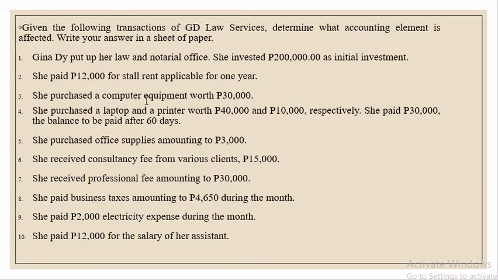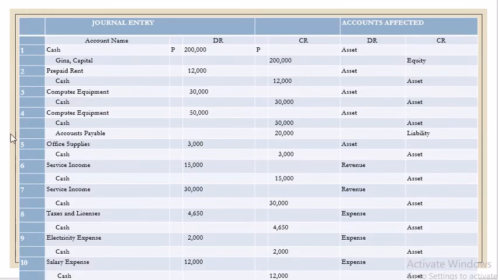So, dyan. Next, number 3. She purchased a computer equipment worth 30,000. Bumili siya ng computer equipment. So, ano yung nangyayari? So, computer equipment. Kita nyo? 30,000 debit. Meron siyang, ano yung nasa kanya? Kumbaga, computer. So, since cash, nag-less yung cash niya.